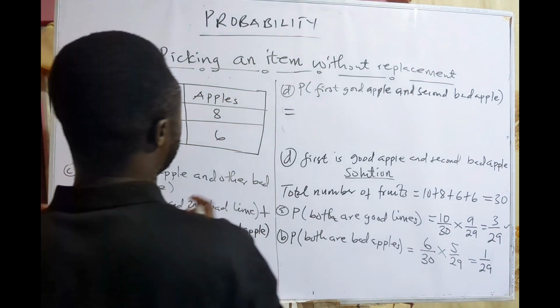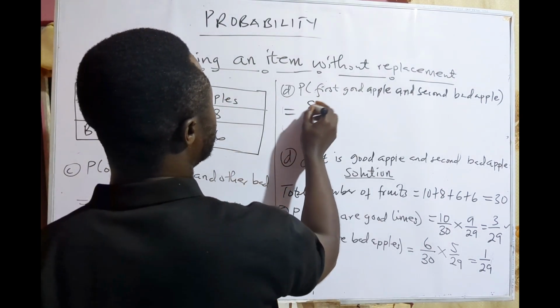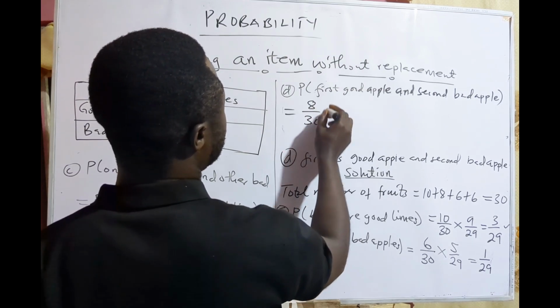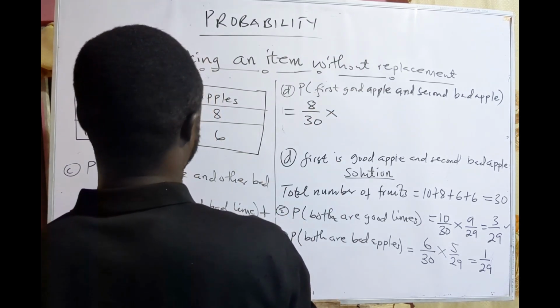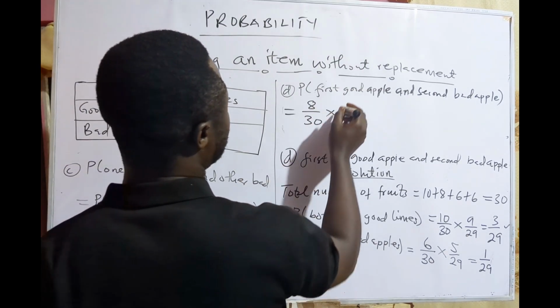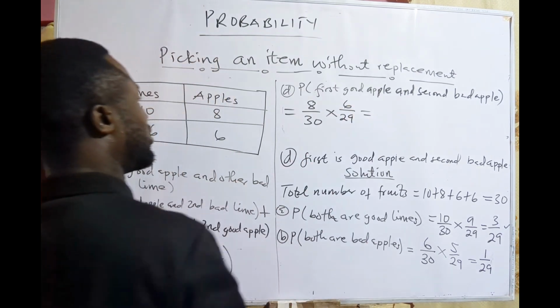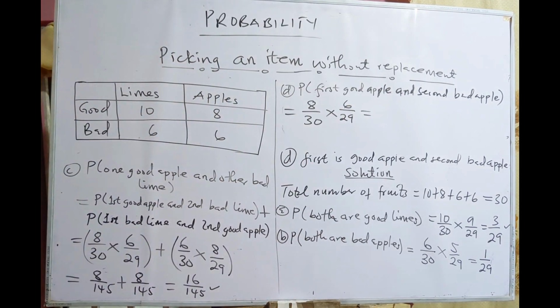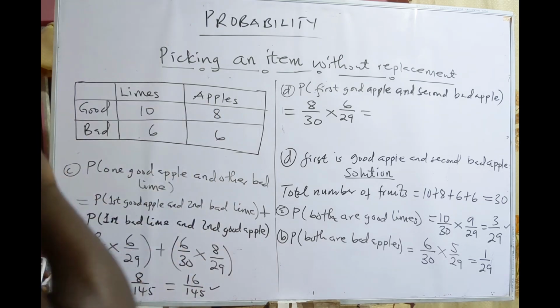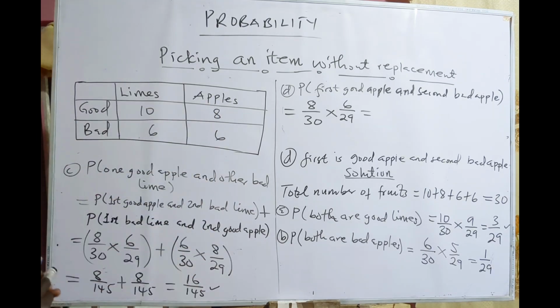So if it is a good apple first, then that will be 8 on 30 times bad apple second. So bad apple will be 6 on 29. And take note because there is no replacement, the good apple we have 8, so if that one is picked, it will not be brought back.